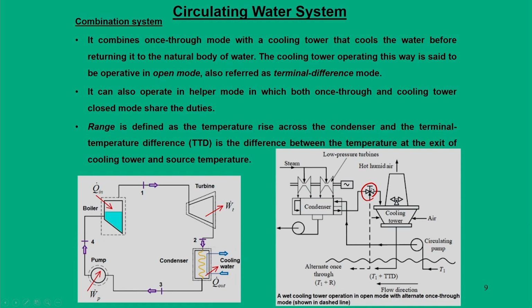If you want the water to be treated, then the valve has to be operated so that the entire water that comes out from the condenser goes directly to the cooling tower. After treatment, it gets discharged.